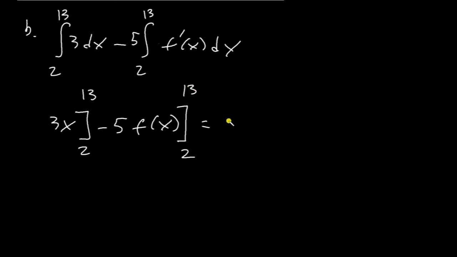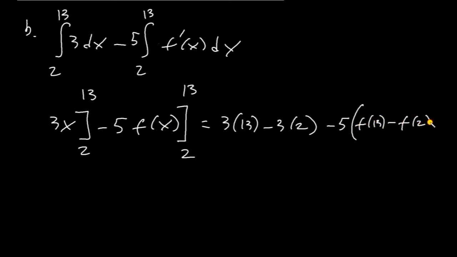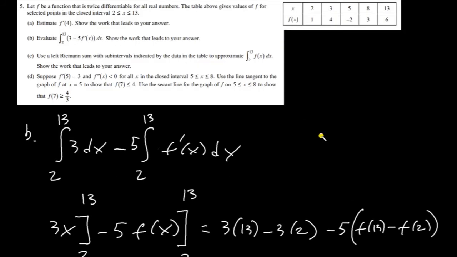Now we plug in our numbers. We have 3 times 13 minus 3 times 2. That's this left part here. Minus 5 times, and then we plug in 13 here, so it's going to be f of 13 minus f of 2, okay? And always, it's better to have more parentheses than too few, because too few parentheses can mess you up, right?